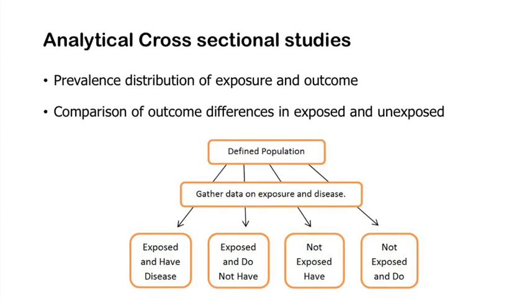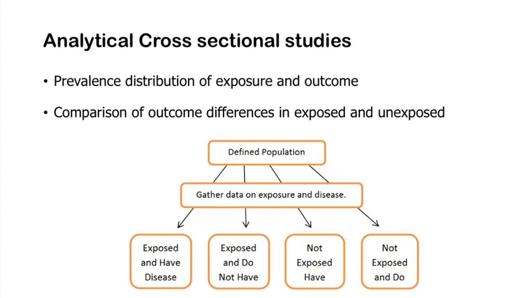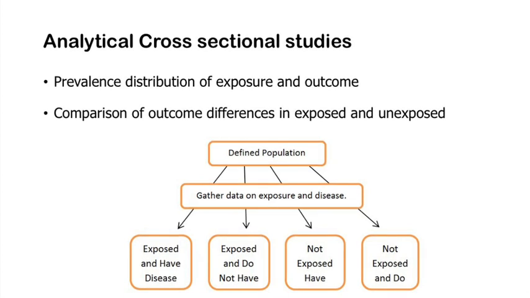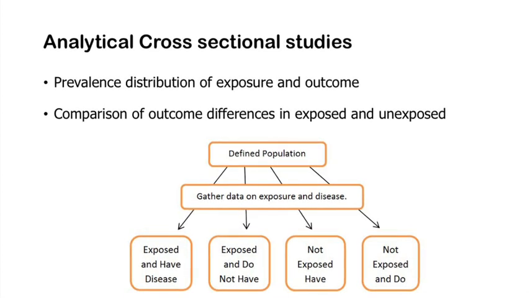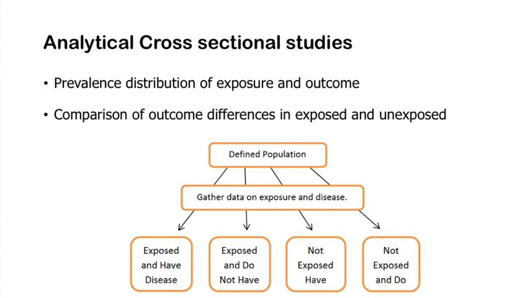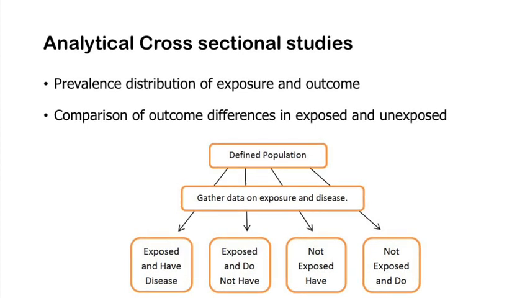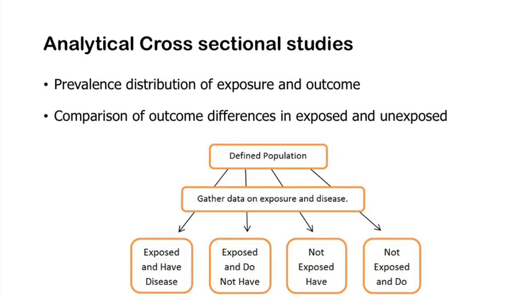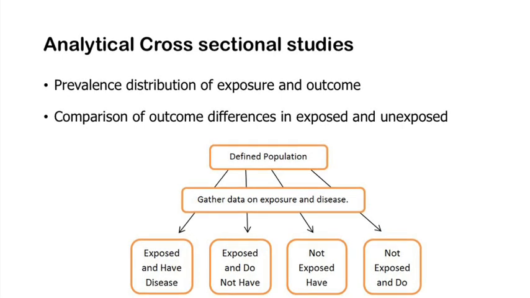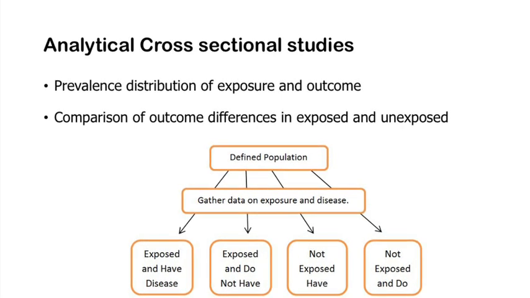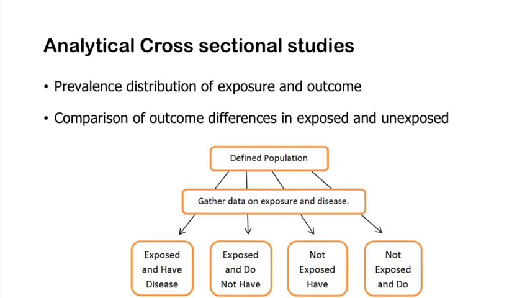So first we gather the data on exposure and disease from a defined population, and in them we look for exposed with disease, exposed without disease, not exposed with disease, and not exposed without disease.